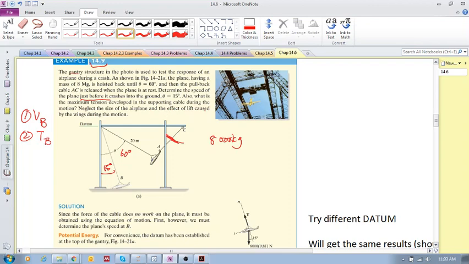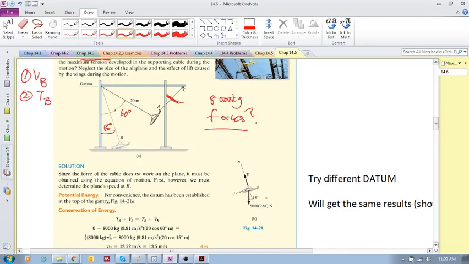Okay, so again, the first question I ask is, what are the forces acting on this plane? Well, here's a free body diagram. We can see that there's weight and the tension in the cable as this plane moves from A to B in this curvilinear motion. We've got the weight and we've got tension.